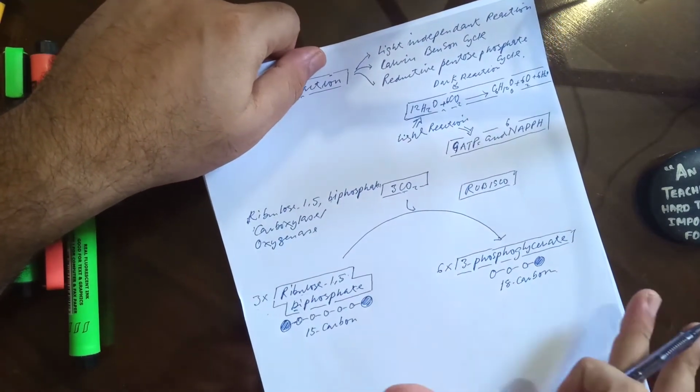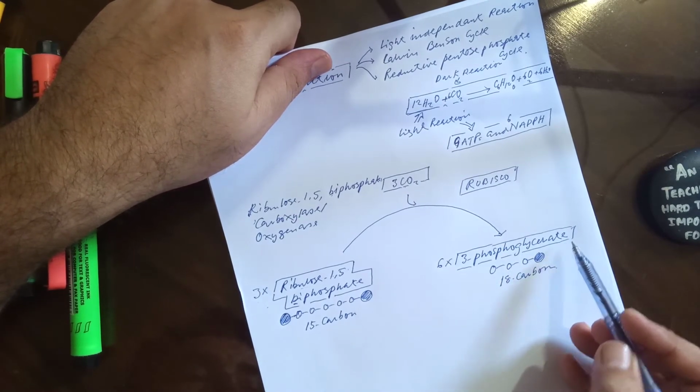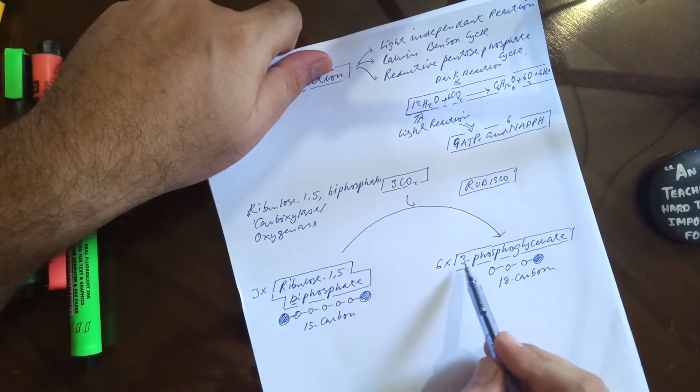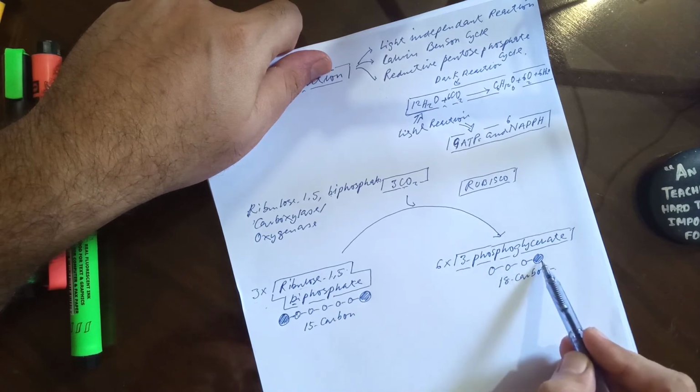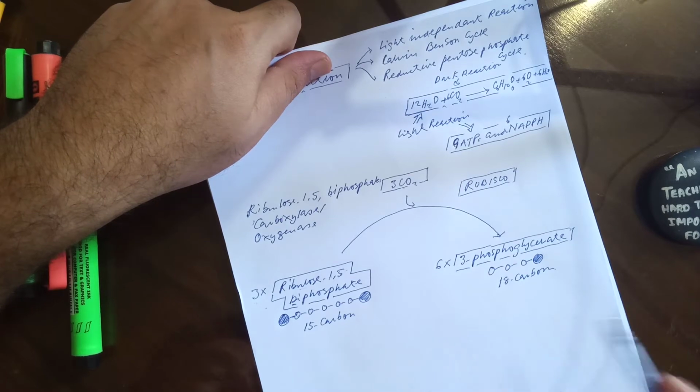So now we have a situation of this 3-phosphoglyceric acid with 3 carbon in structure, and on the third carbon there is a phosphate group. And how many molecules do we have here? 6.